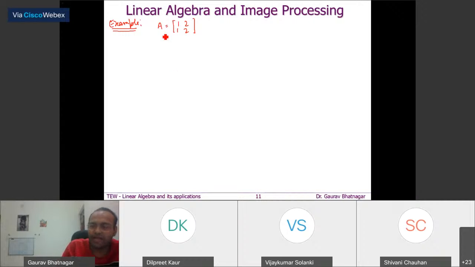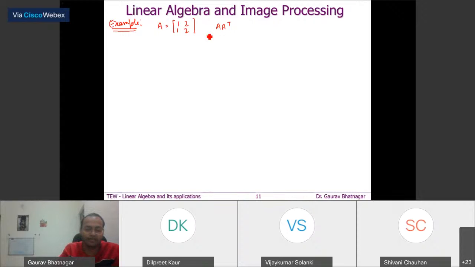As soon as A is given, you immediately find A transpose and A transpose A. A transpose is again a 2 by 2 matrix, and A transpose A is again a 2 by 2 matrix because I have a square matrix. If I had a rectangular matrix, you would have different dimensions.